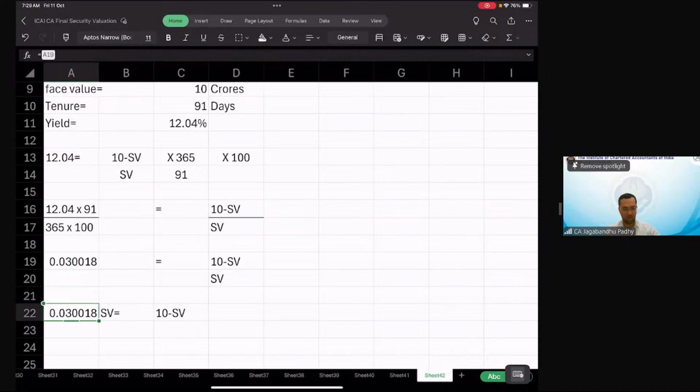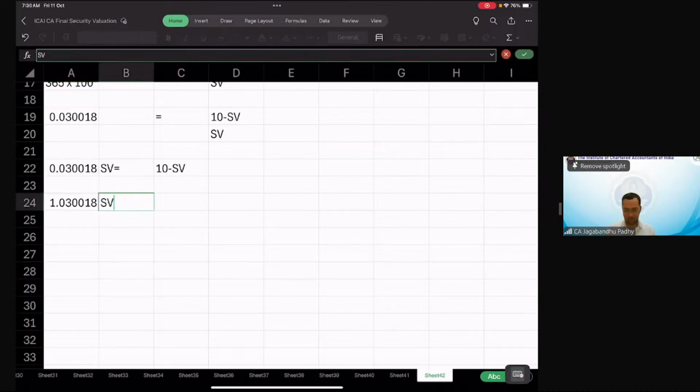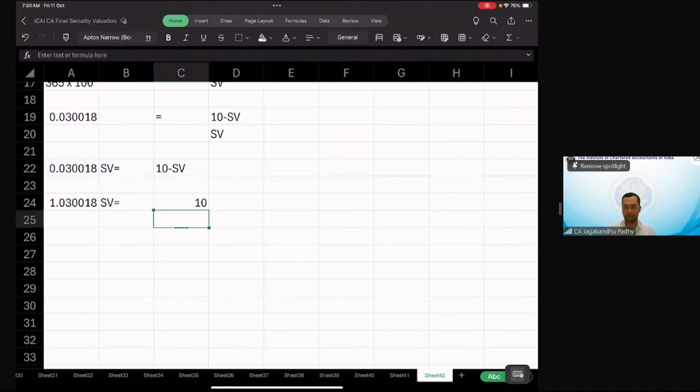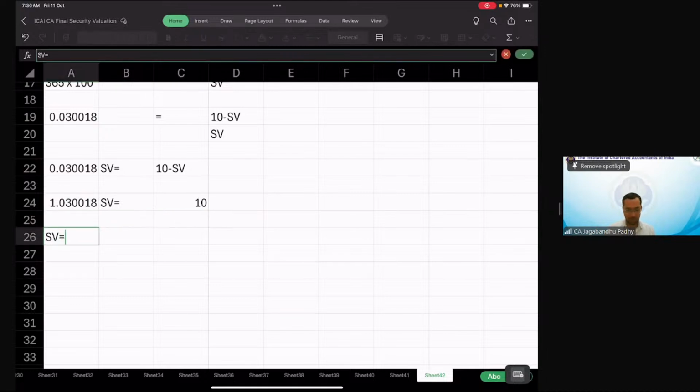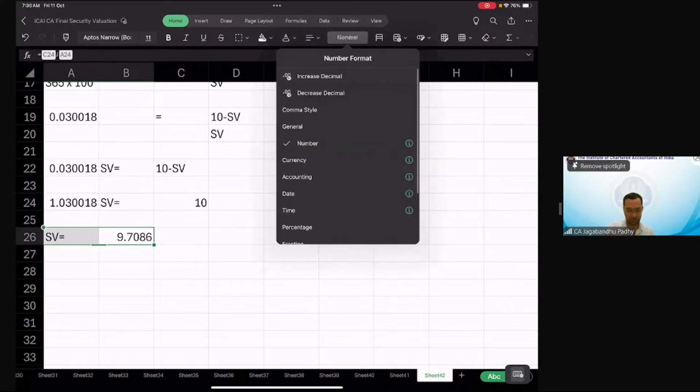Now we can say 1 plus this term into sale value is equal to 10. So the sale value will be 10 divided by this term, which is 9.7085.